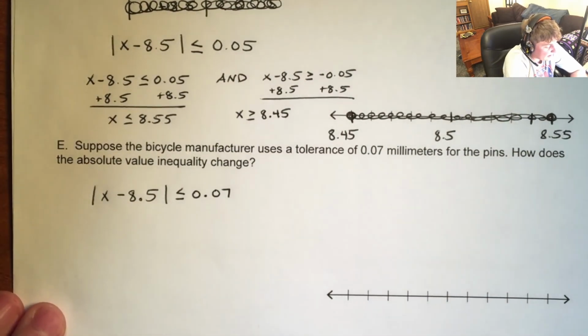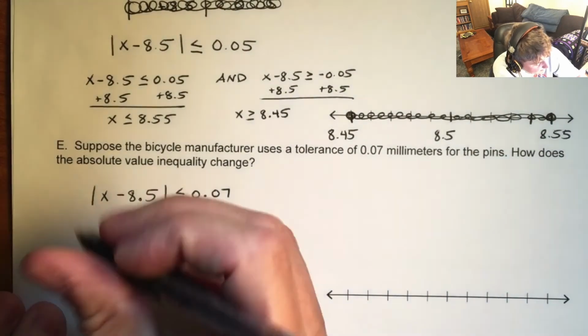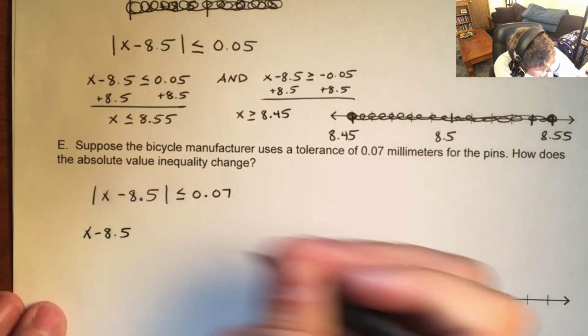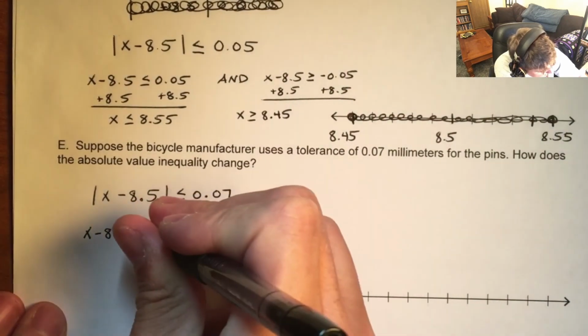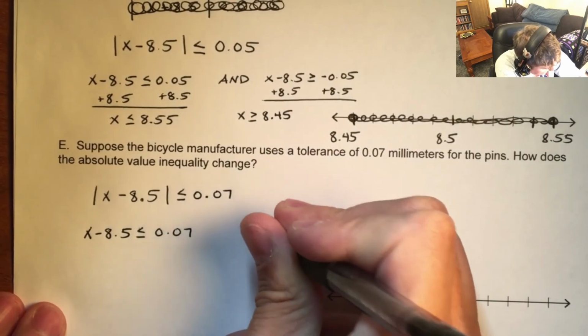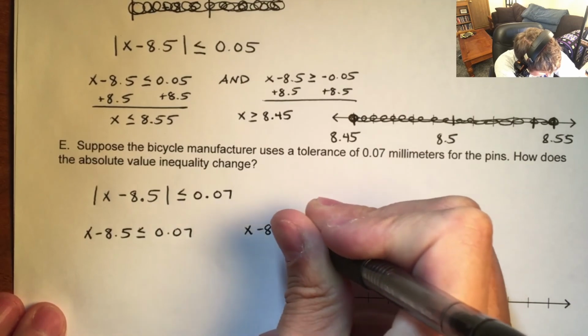Okay, so as I do this, I have an absolute value inequality that's less than. So that means x minus 8.5 needs to be less than or equal to 0.07, and x minus 8.5 needs to be greater than or equal to negative 0.07.